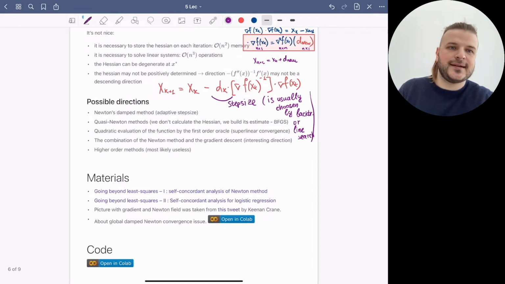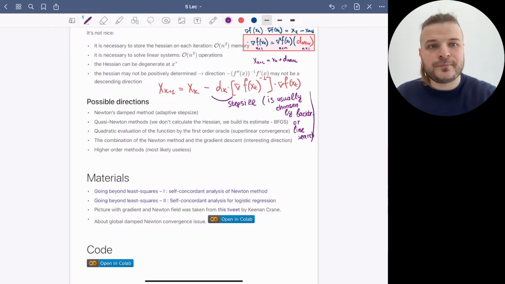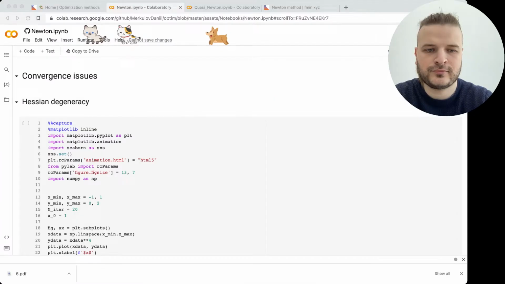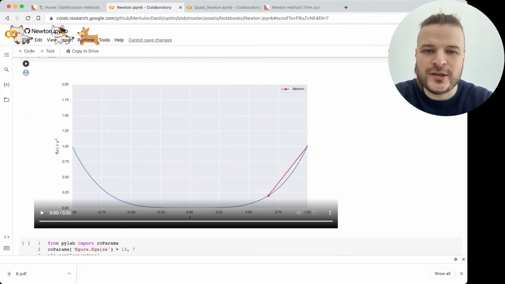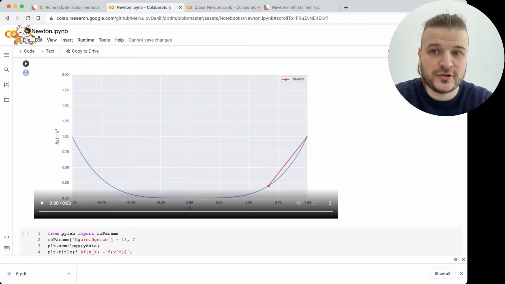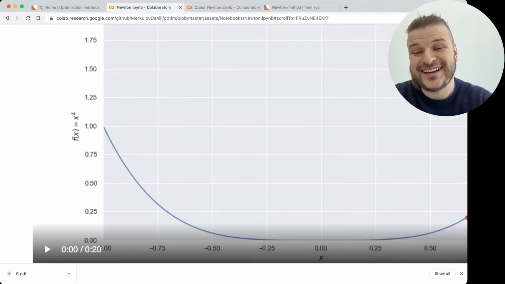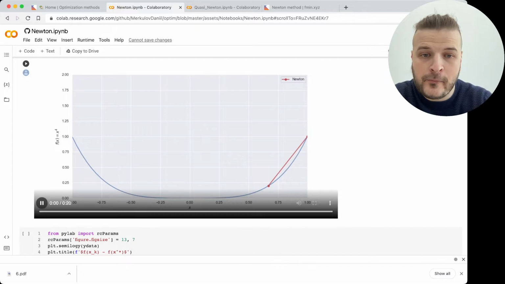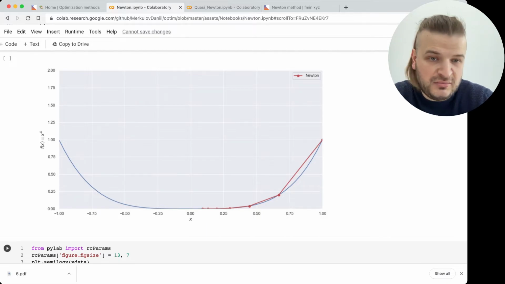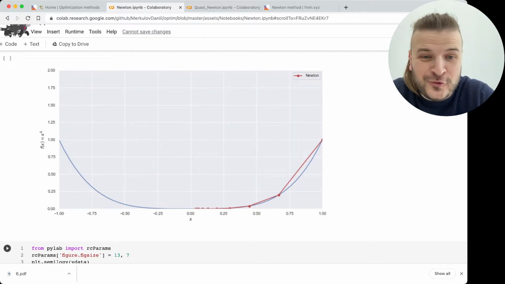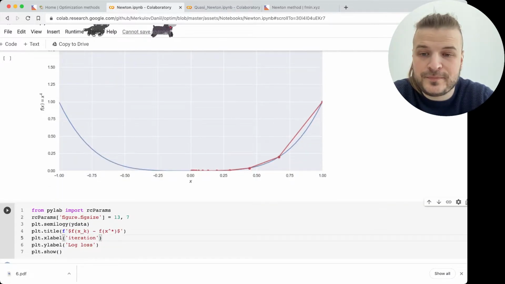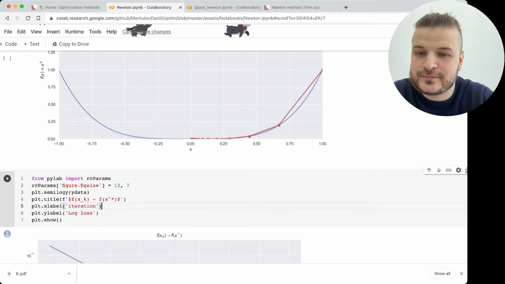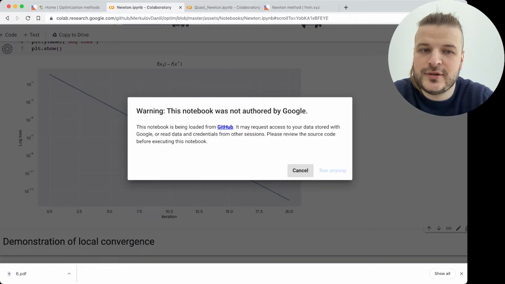Okay, let's take a look at some visualizations here. Here we'll take a look at the Newton method behavior for the function x to the power of 4. And at first look, we have nice convergence, the method works, it goes to the minimum. What's the problem here? The problem could be seen if you plot.